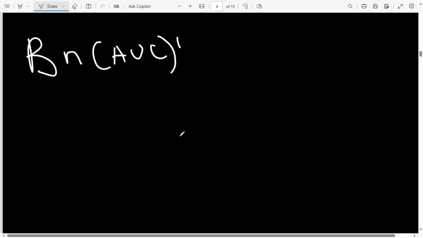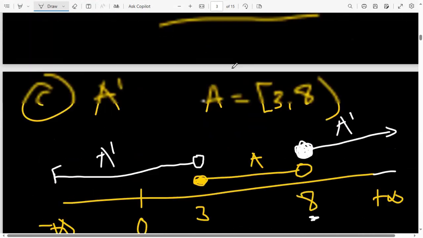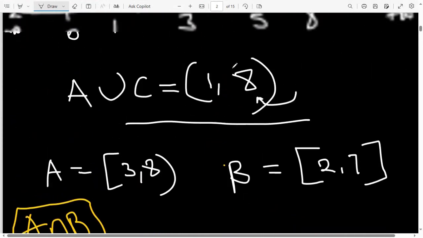It might be useful if we first plot A union C, get its complement, and then intersect that complement with B. I think we solved A union C at the beginning. What was our A union C?